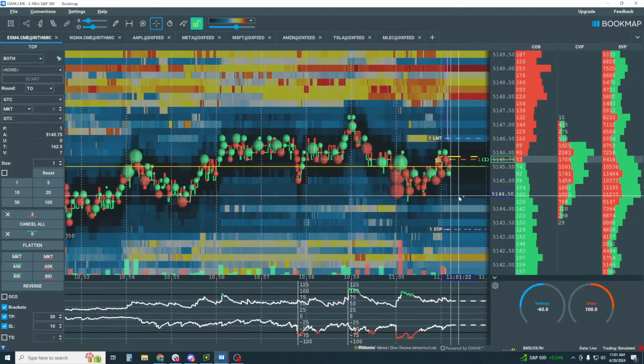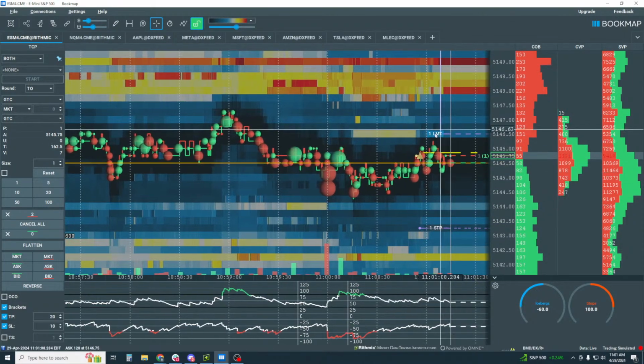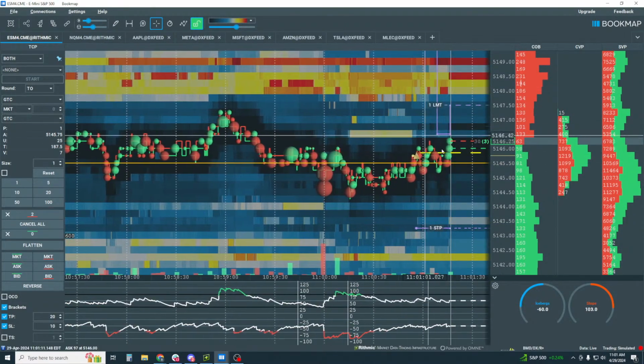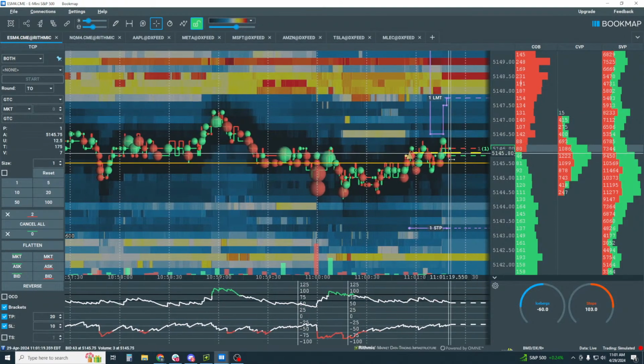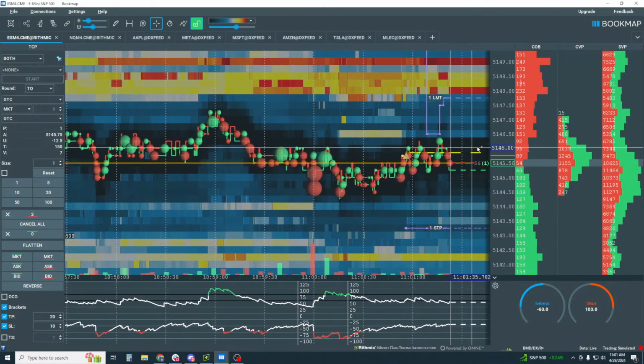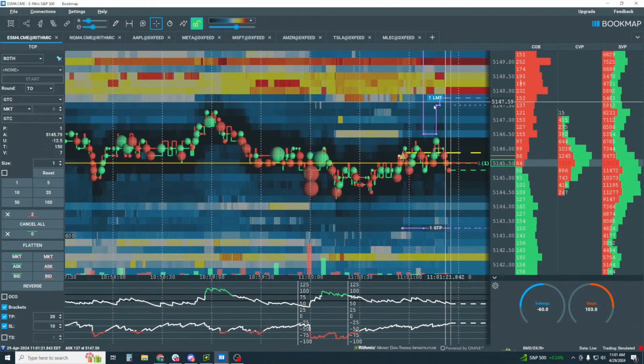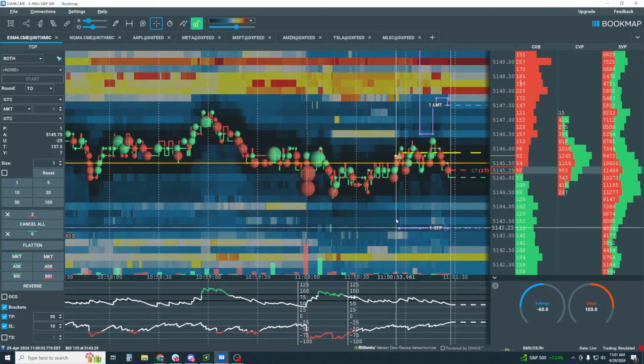That's it. We're not looking for much, and we might even hit the flatten button, and maybe we can put it up here. We might get a very quick move on the buy side, and if we do, then we will likely get filled up here, 47.5 or so.